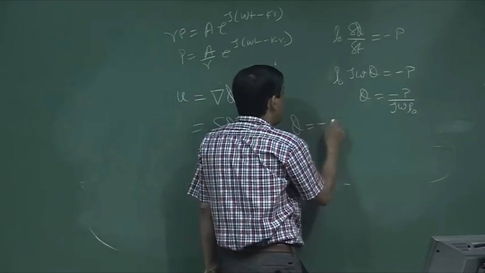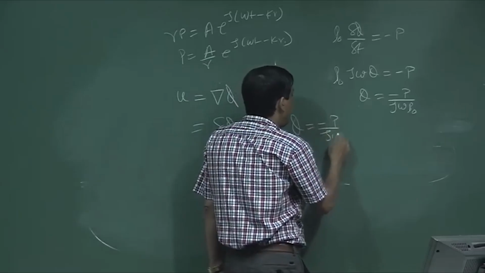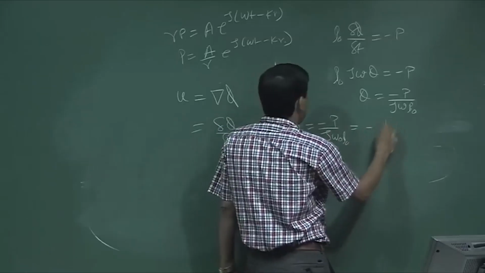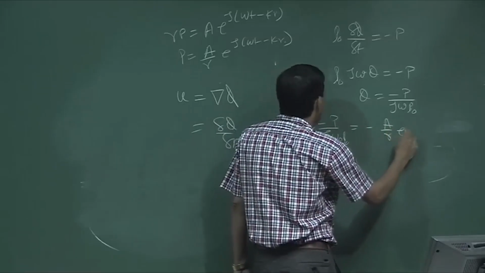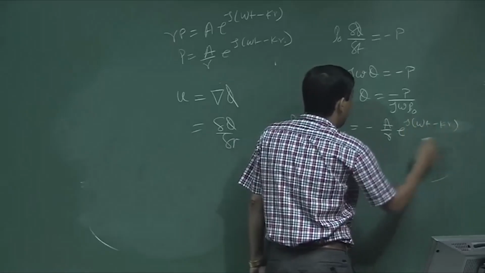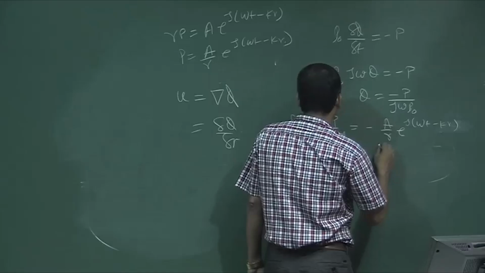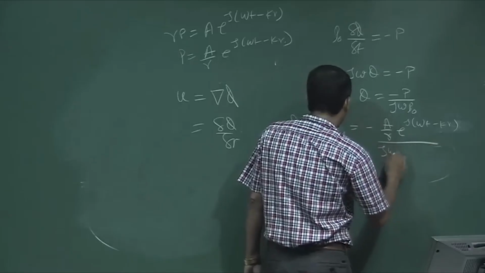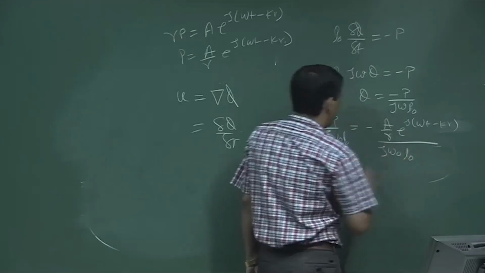Phi is equal to minus P by j omega rho 0. So I can write minus A by R e to the power j omega t minus k r divided by j omega rho 0.